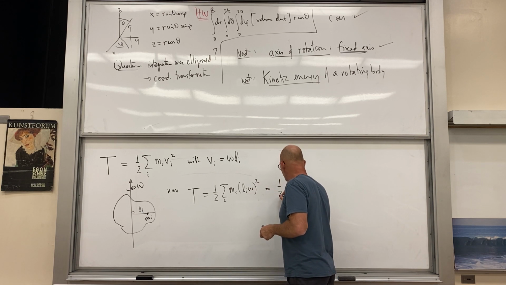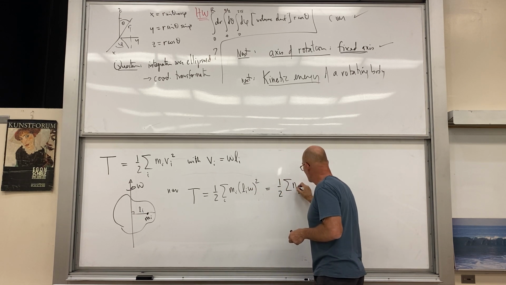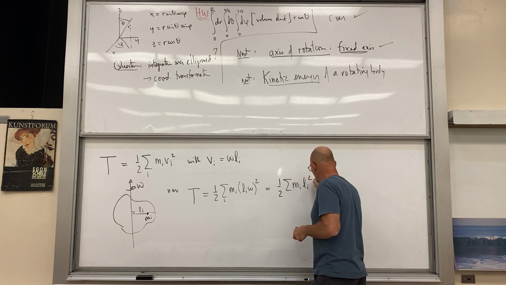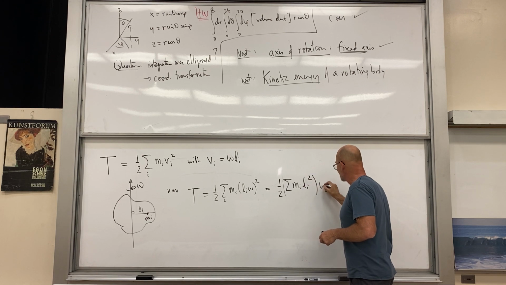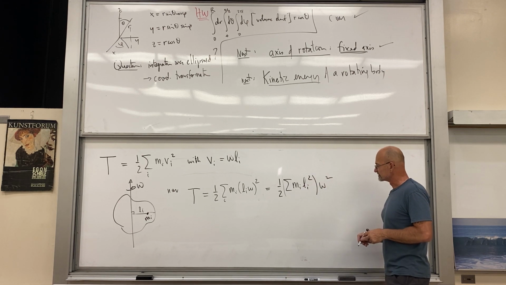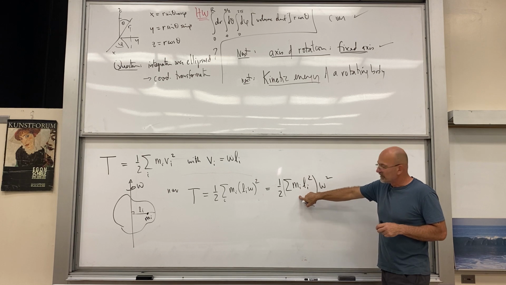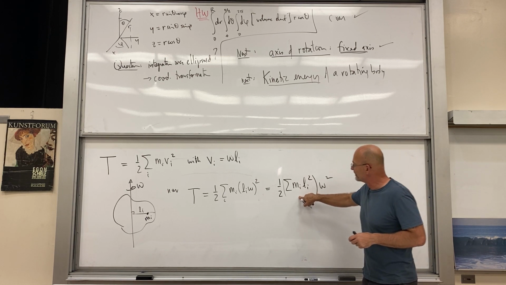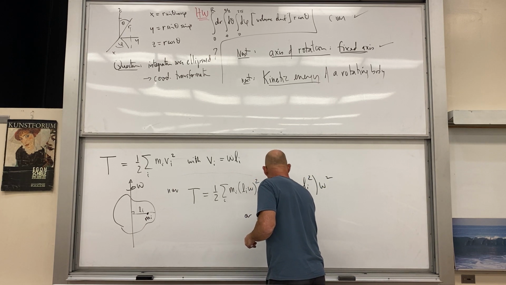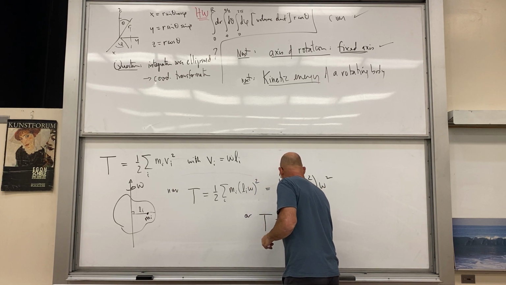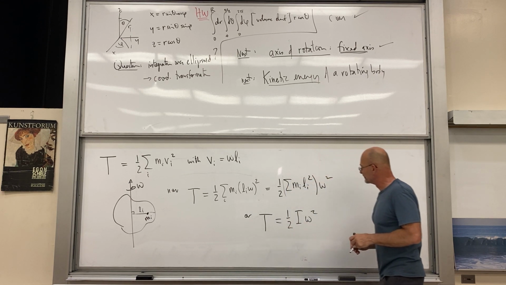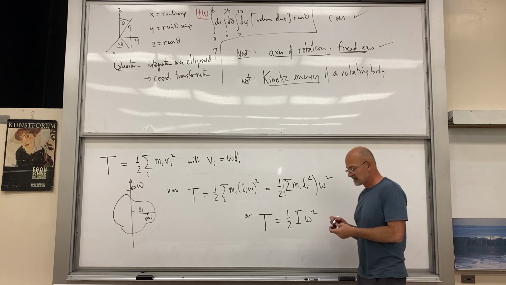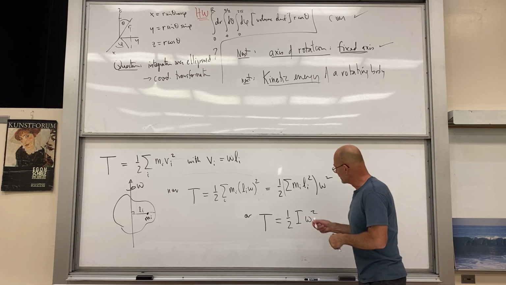We'll end up with 1/2 sum over m sub i L sub i squared, put parentheses around there, times omega squared. This is the moment of inertia, the rotational inertia, or kinetic energy equals 1/2 I omega squared. So I've got the definition of the moment of inertia right here.